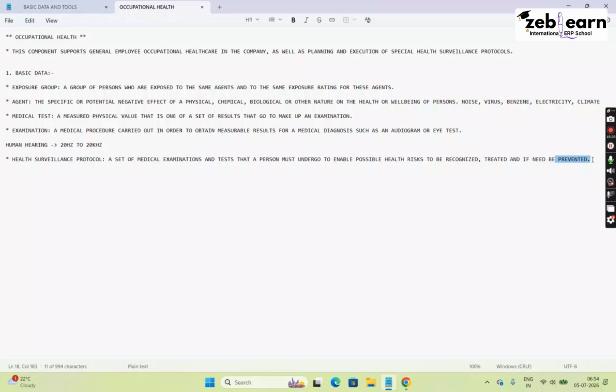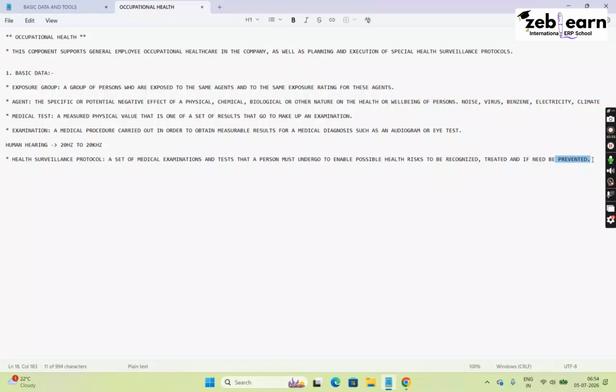But if that same person can recognize a medical condition very early, very less money he can spend, and he can completely recover very fast, and he does not have to suffer. What do you think? Which is better? Spending lakhs of rupees later on is better, or spending 1,000 rupees every year is better? Which is fine. Spending 1,000 rupees every year.